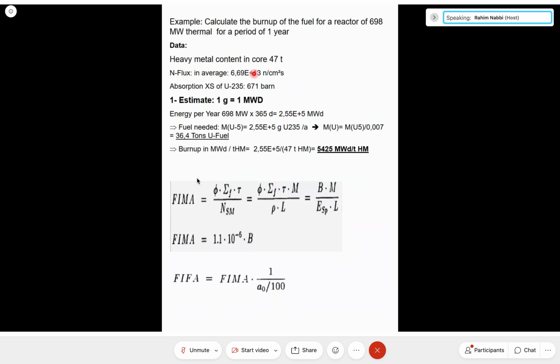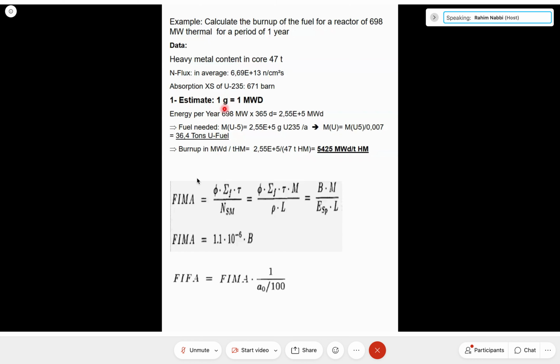Neutron flux is given, this number, and absorption cross-section for uranium-235 is given this number. So now the question is, we have different ways, or the first estimate, you remember. We should pay attention to it. It is only an estimate.